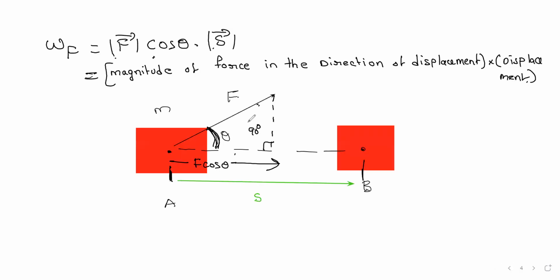Now there are three special conditions in this which you have to remember. First condition is when theta is equal to 0 degrees. So here when this theta is equal to 0 degrees, F and S are in same direction. Both are in same direction.